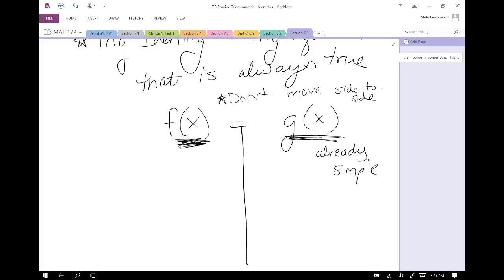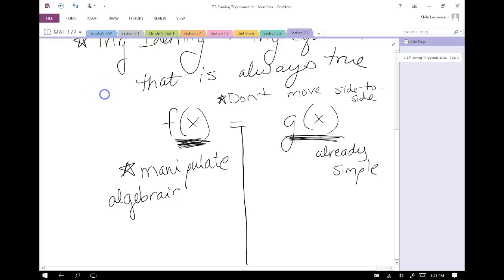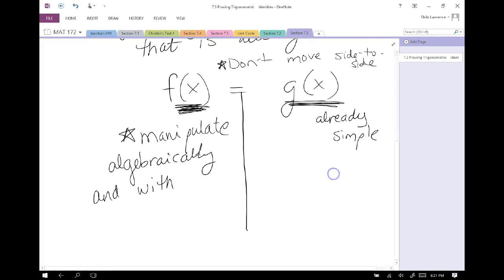So one option is to just leave g alone and manipulate the f algebraically, and with trig identities until it matches g.